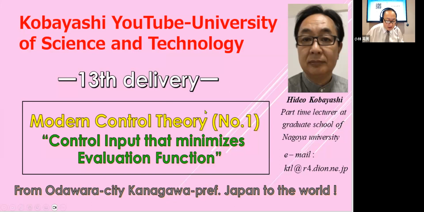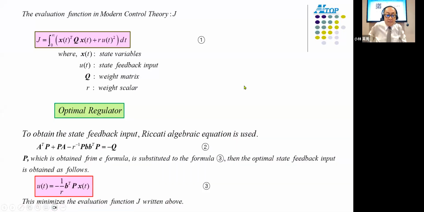Okay, let's move on to the next slide. The evaluation function in modern control theory. This function, the evaluation function, is usually expressed as J. J equals this integration.